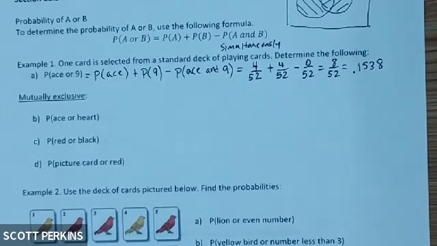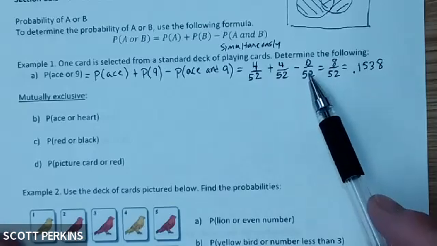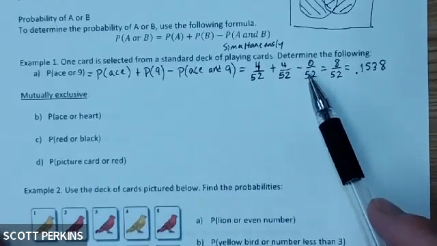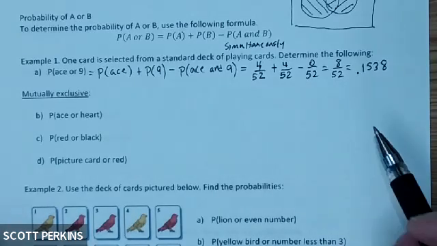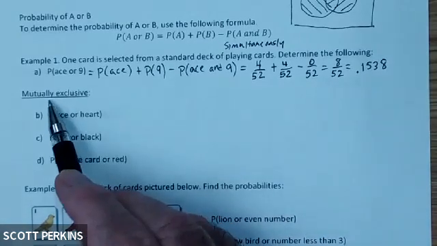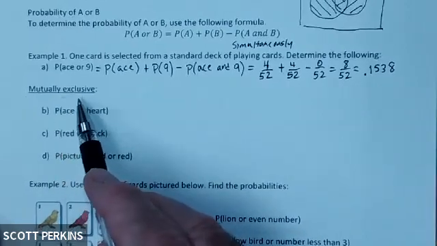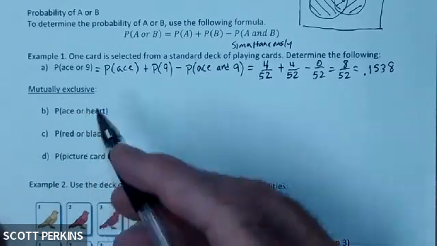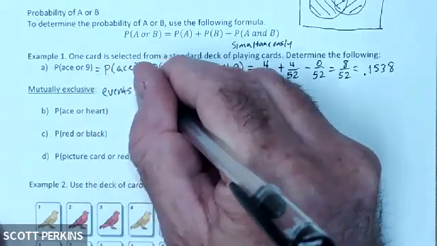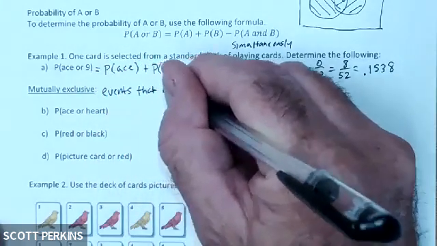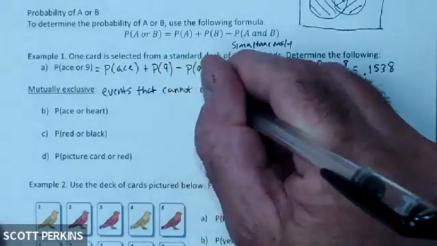Now you'll notice I picked this first example intentionally. You'll notice that the probability was 0 that these two things can happen at the same time. And so this is an example of what's called a mutually exclusive event. Mutually exclusive means that you have events that cannot occur at the same time.